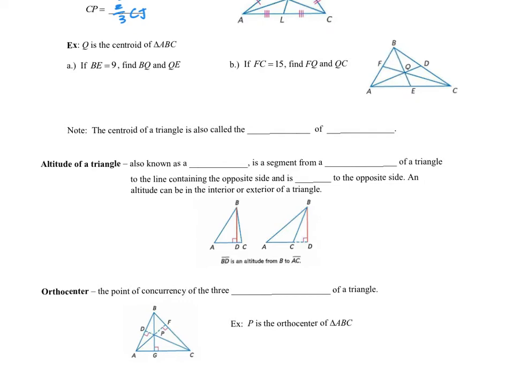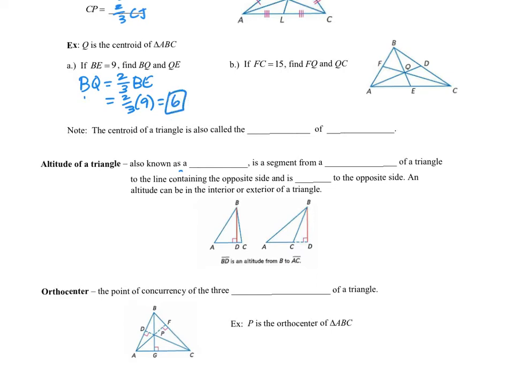Remember, the centroid theorem tells us that the distance from B to the centroid is 2/3 of the entire median. So to find BQ, we are going to take 2/3 of BE, or in other words, 2/3 of 9. 1/3 of 9 is 3, so 2/3 of 9 is 6.